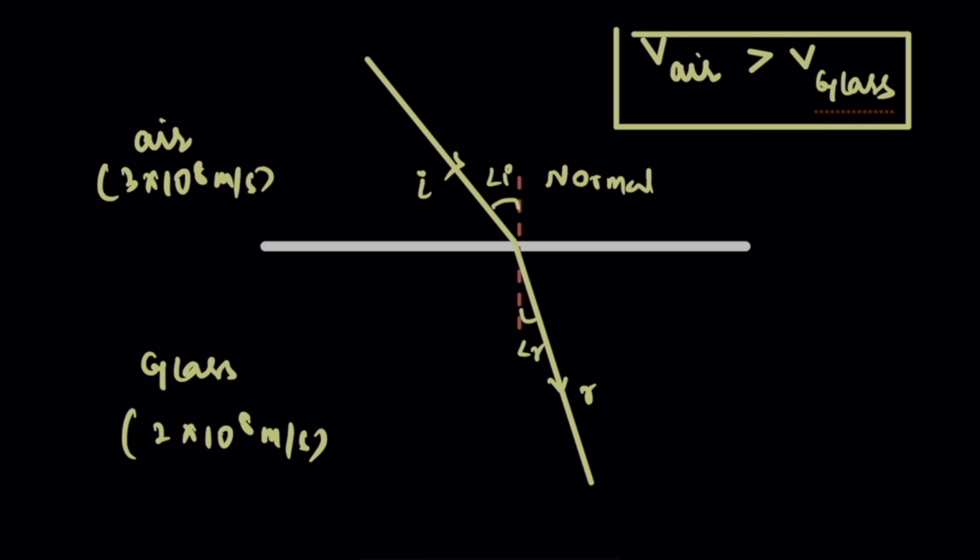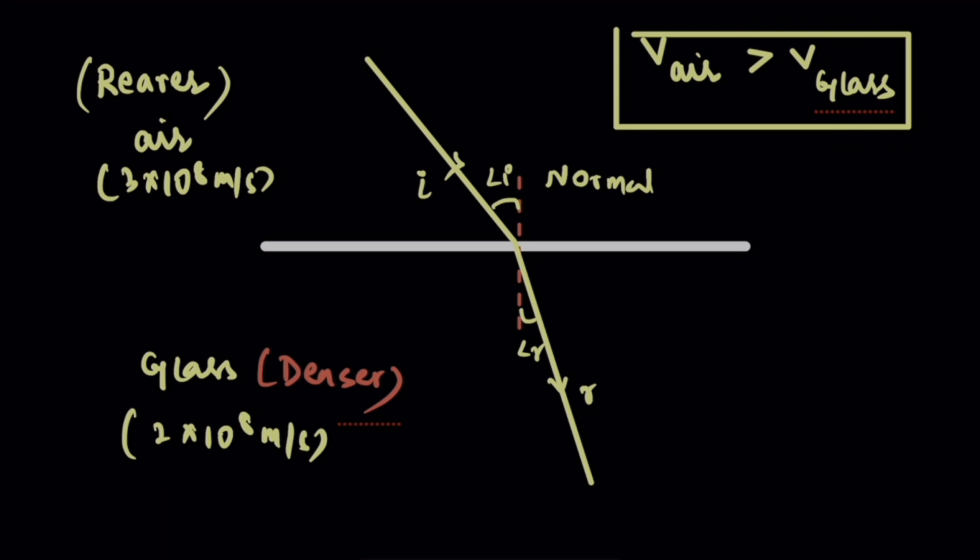So air is considered as a rarer medium and glass is considered as a denser medium. So one thing always remember, rarer and denser could change according to the medium to medium. It's not fixed identity. Here glass is a denser medium, but when we use a diamond, then it will become a rarer medium.